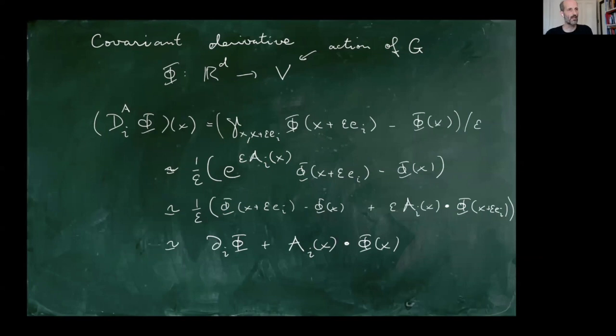Right, so that gives you a natural notion of derivative, which is the notion of derivative that transforms in the correct way under these gauge transformations, right? Whereas the usual partial derivative doesn't transform in the correct way.